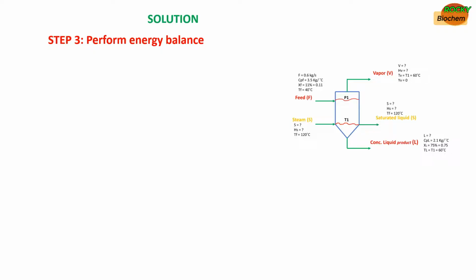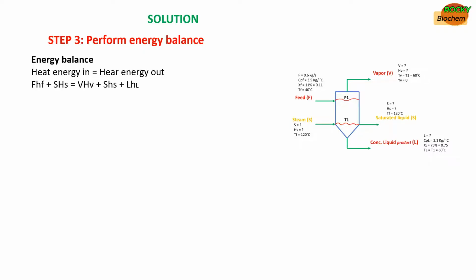So we started by drawing a diagram. We performed mass balance and then component balance, and now we are performing energy balance. By the time we finish doing all these things, we will finish solving the question. So the energy balance is giving us the heat in to be equal to heat out.